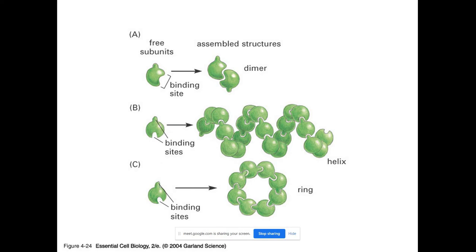There is a binding site. In the C figure you can see there are two different binding sites and subunits are binding in a different order. Here you can see in the helical structure how the subunits bind with each other.